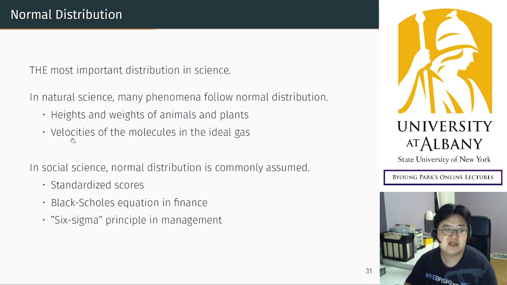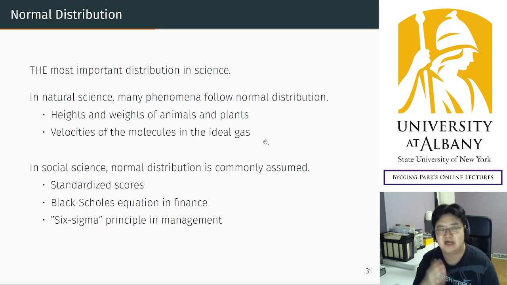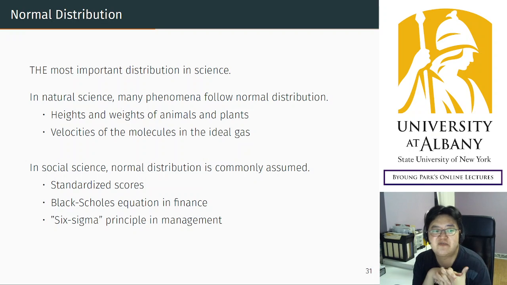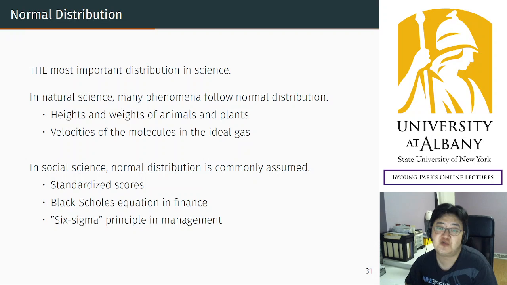And velocities of the molecules in the ideal gas, actually I don't know exactly what it means, but it's about how particles move in an ideal situation, and the velocities follow the normal distribution. If you have heard about Brownian motion, Brownian motion is based on the normal distribution, right?